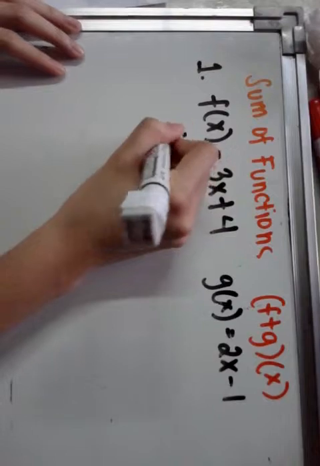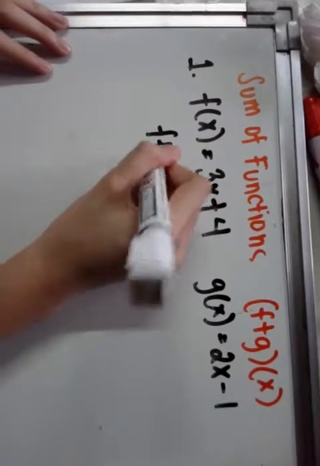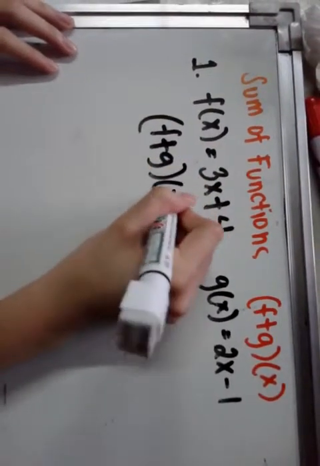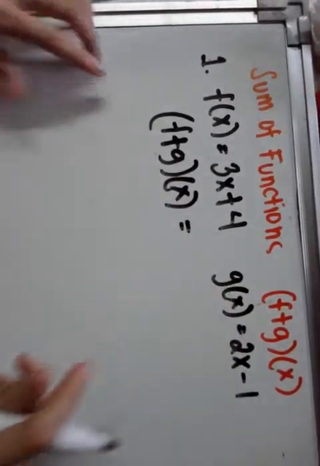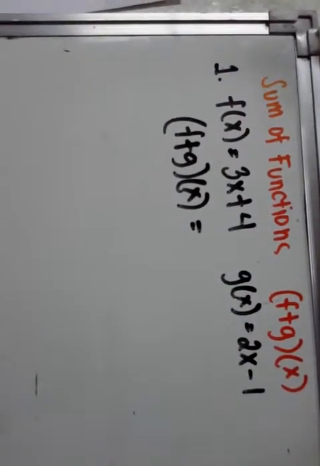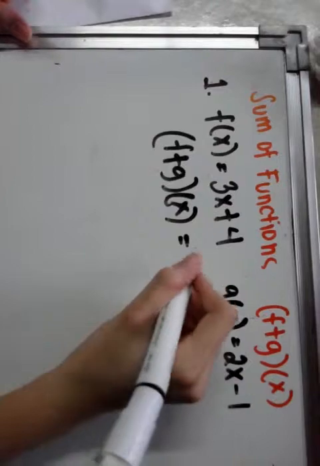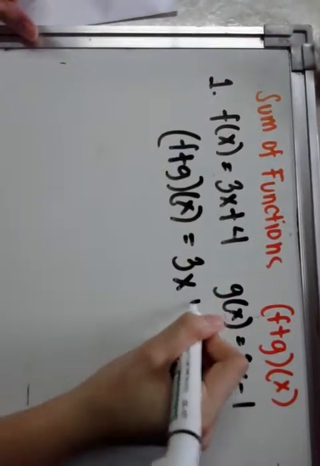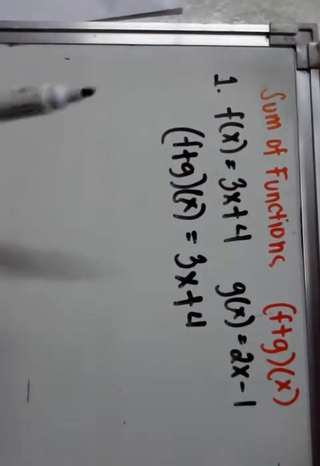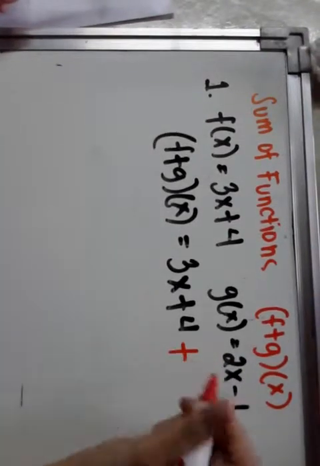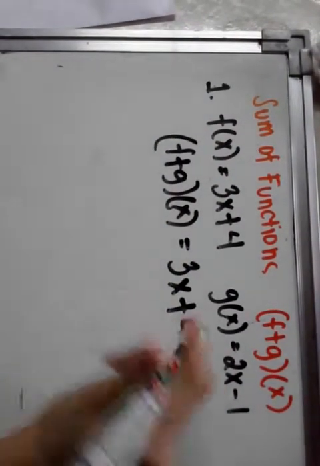So the formula is f plus g of x is equals to 3x. Copy the equation of the f function, which is 3x plus 4, and then add, since we are finding for the sum of the functions.